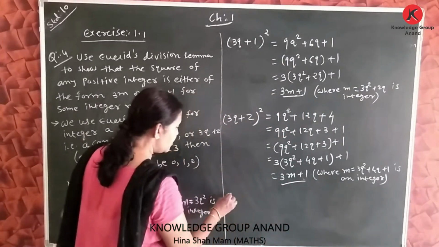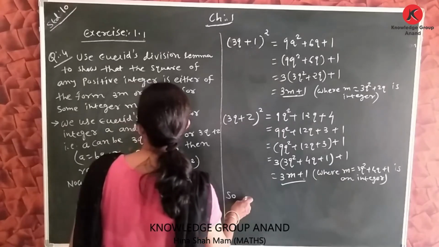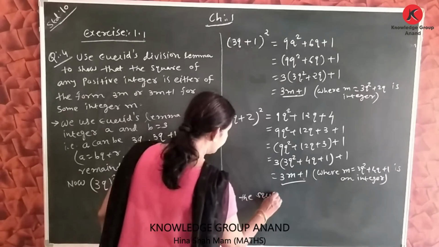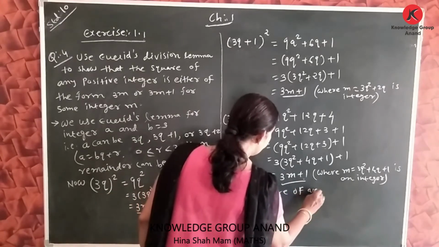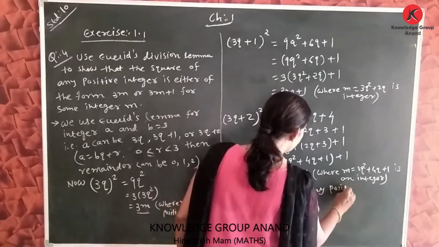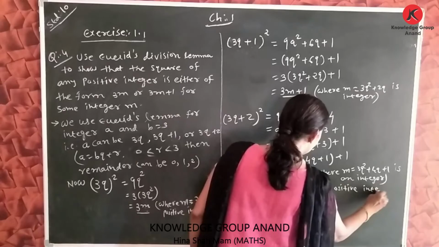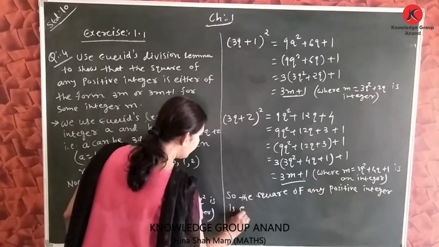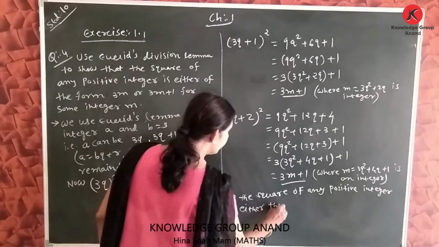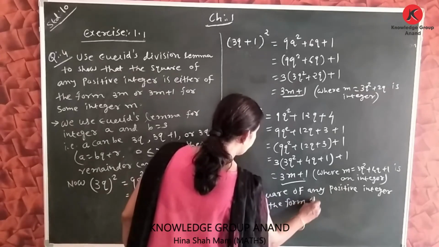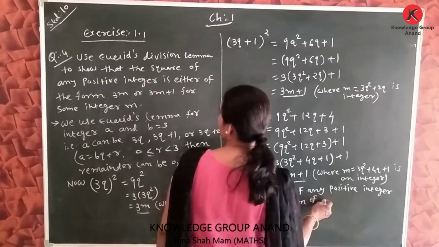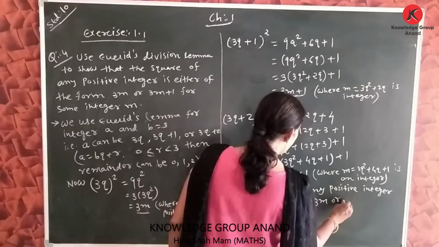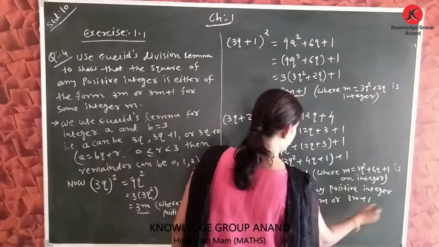3m plus 1. So, the square of any positive integer is either of the form 3m or 3m plus 1.